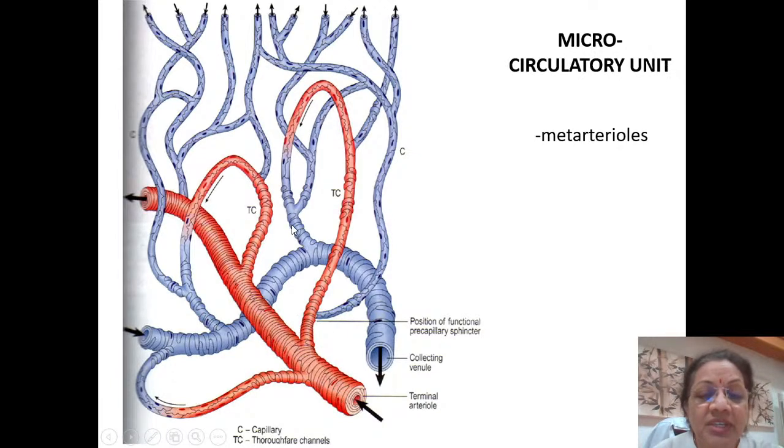There is no constriction and flow is continuous and not interrupted anywhere. But in other places, or normally, before this arterial branch becomes a capillary, there will be a pre-capillary sphincter, and then at the venous end there may be, it's not named here, in a few places there may be a post-capillary sphincter.